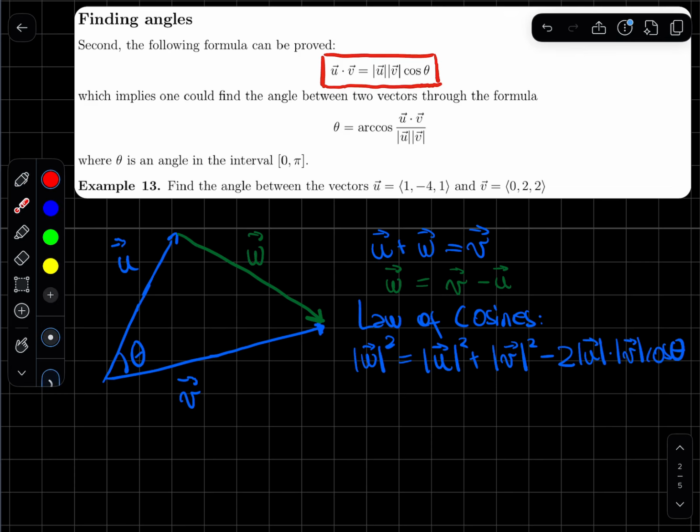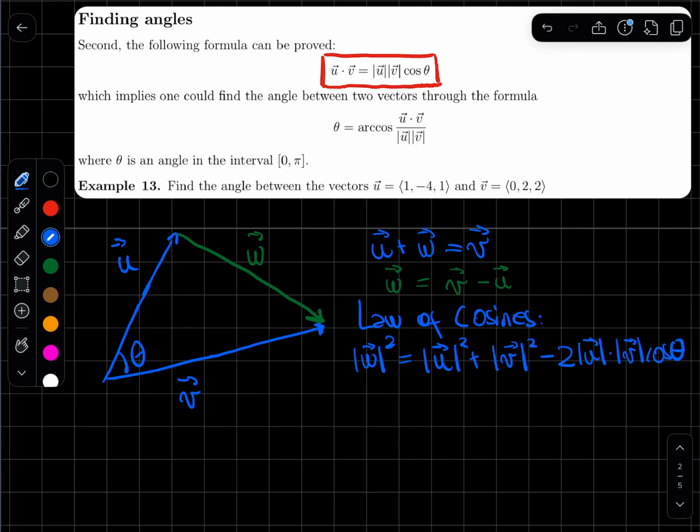So again, law of cosines on this triangle is going to tell me that this thing squared equals this squared plus this squared, minus 2, this side times this side times the cosine of the angle. If you don't remember the law of cosines, you can go back and review it.